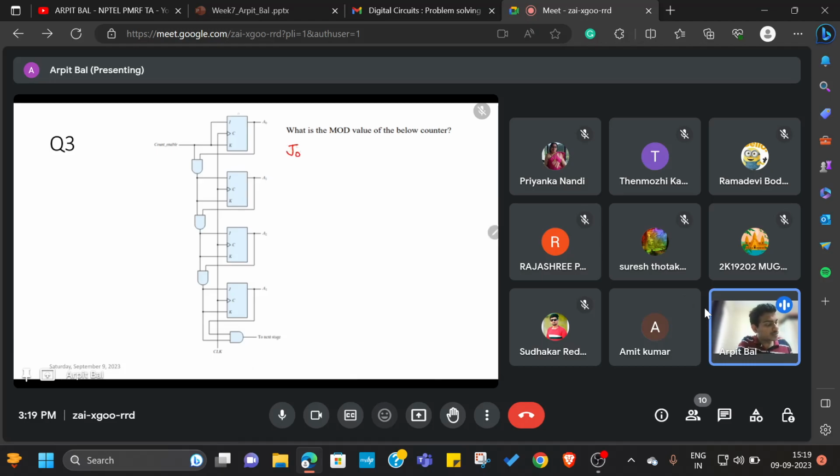So this is flip-flop 0, flip-flop 1, flip-flop 2, flip-flop 3. If I am mentioning J0, it means the J input of the 0th flip-flop. If I am mentioning J1, it means the J input of the first flip-flop, and so on and so forth.